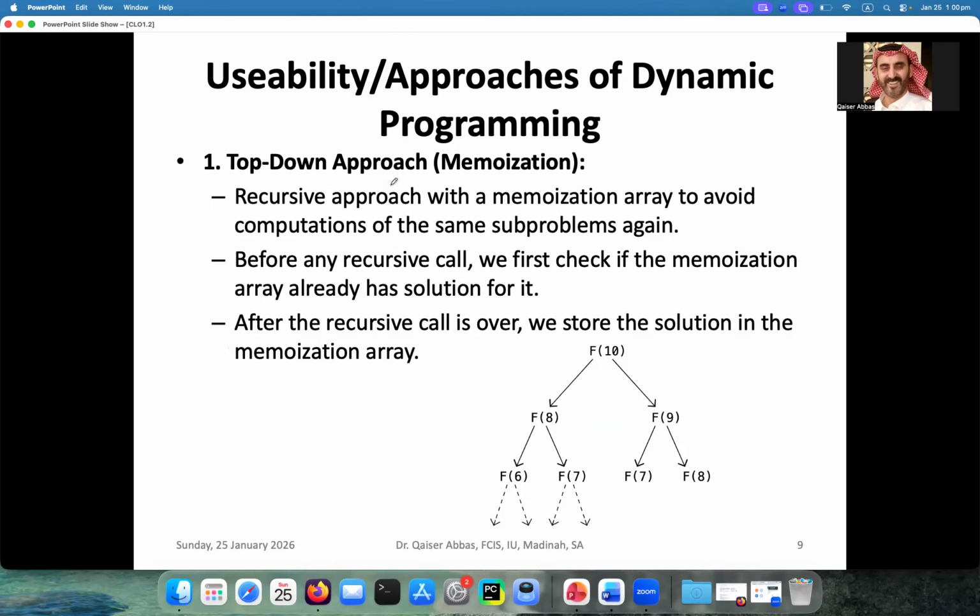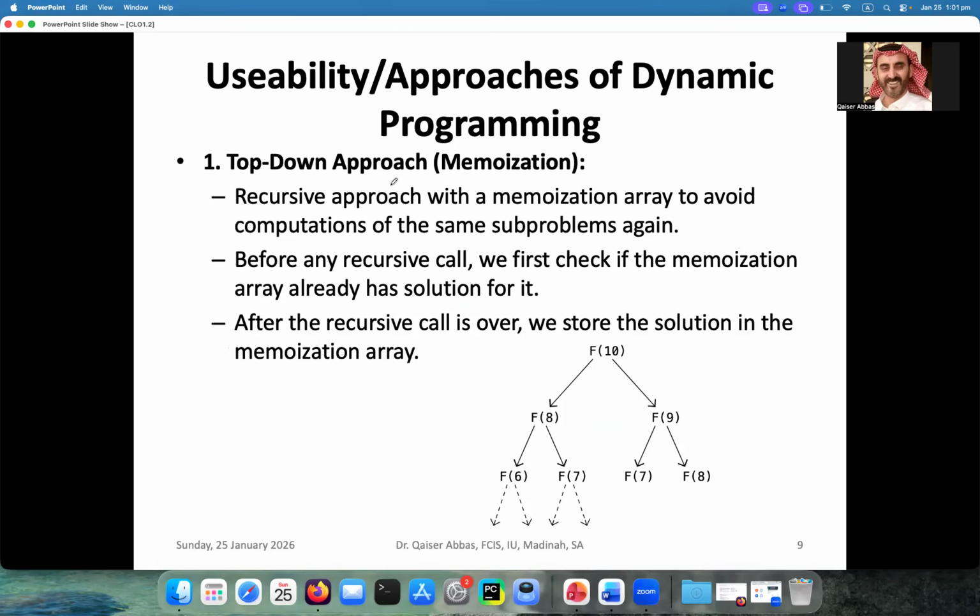But before applying that, we will try to understand that there are two approaches in it. First, we saw when we can apply DP: if you have the overlapping subproblem and optimal substructure property in it, then you can use it.